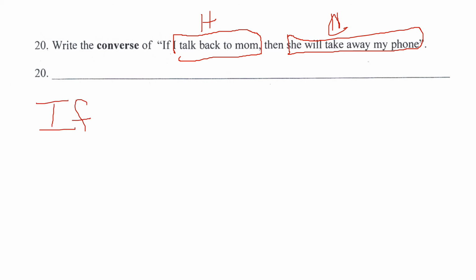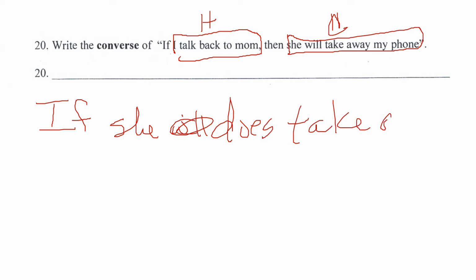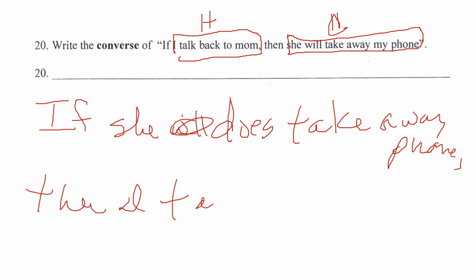It still starts with if, but you can change the tense. If she does take away my phone, comma, then you can make it sound right for English, okay? I talked back to Mom.